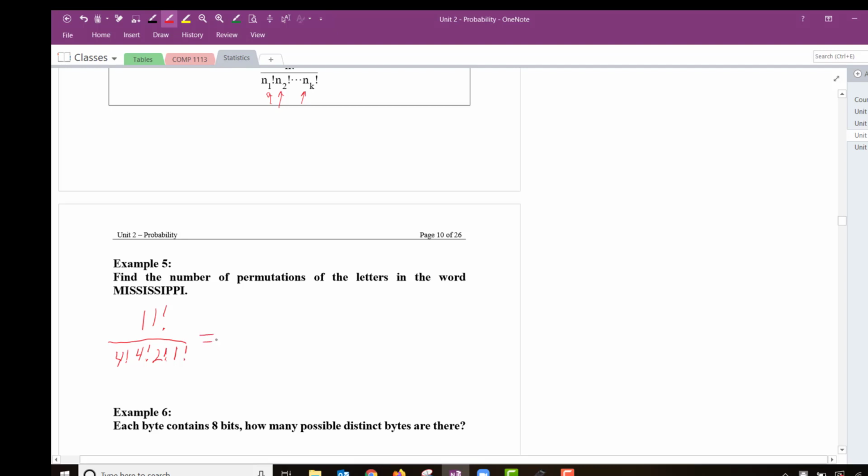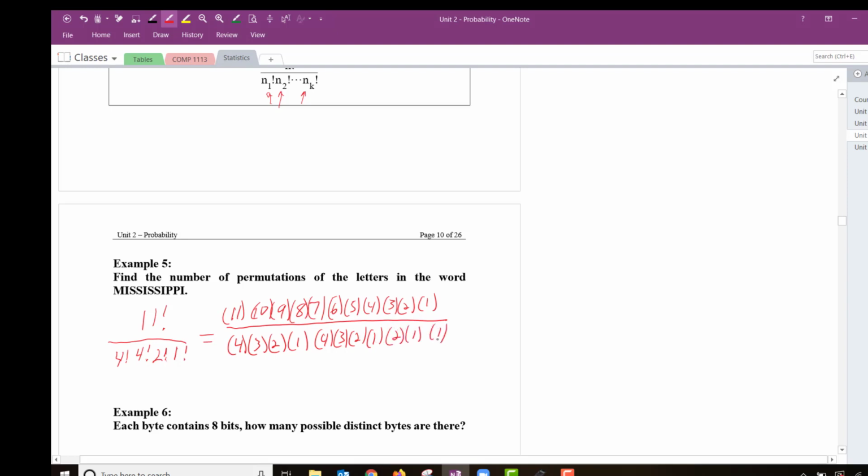Now to calculate this thing, we'll just go 11, 10, 9, 8, 7, and keep going. And then the denominator is 4, 3, 2, 1, 4, 3, 2, 1, 2, 1, and 1.